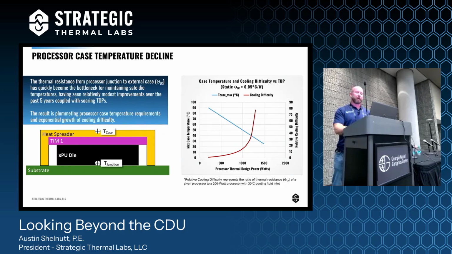But the part that's maybe not as well understood is that when you couple that with a decrease in case temperature, the relative cooling difficulty, just being the ratio of thermal resistance requirement of this generation versus last generation, is going up exponentially. So in some cases, a 1,000 watt processor is not just 2 times harder to cool than a 500 watt processor, right? It's like 10 times harder to cool than a 500 watt processor because of that commensurate drop in T-case.